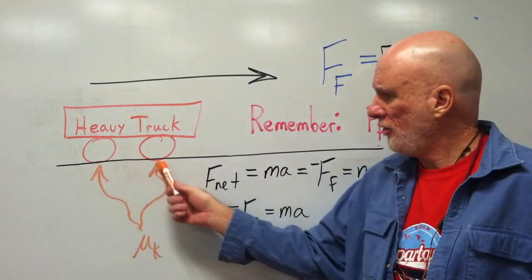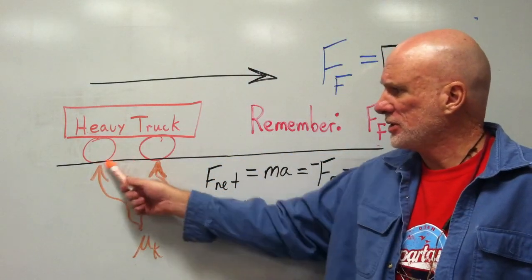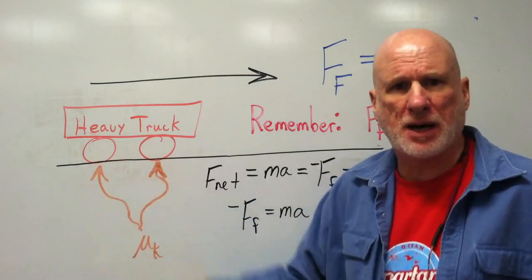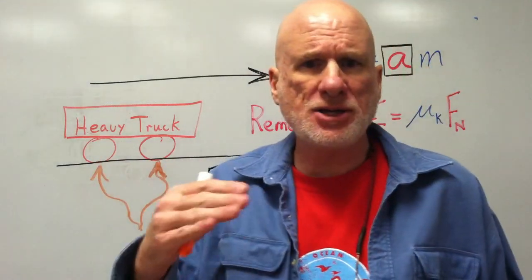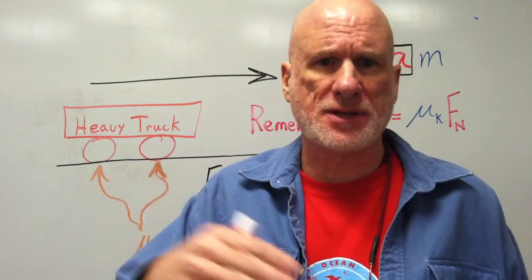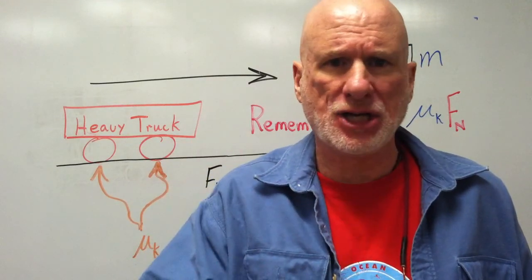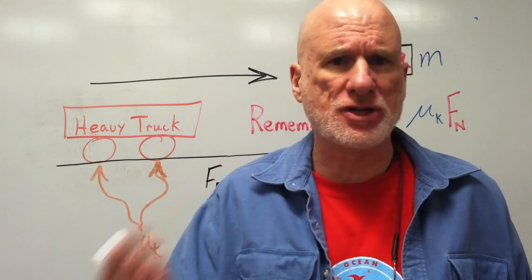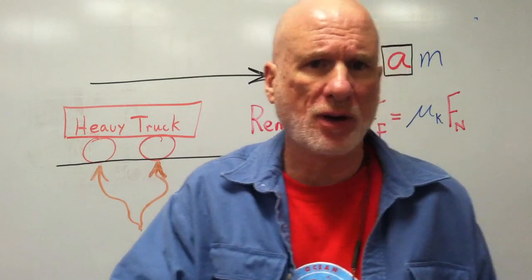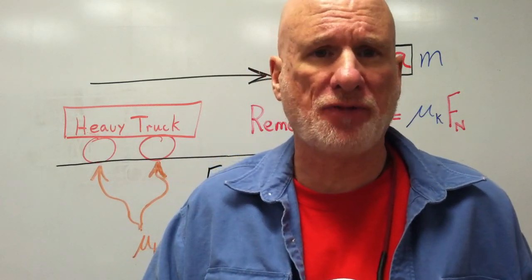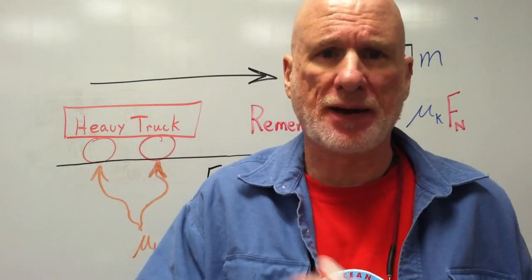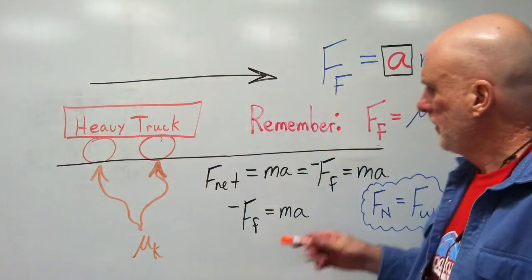The coefficient of friction is going to be determined by the interface between the road and the tires. So that's not going to be an issue. That's the same. Coefficient of friction in scenario 1 is going to be the same as the coefficient of friction in scenario 2.